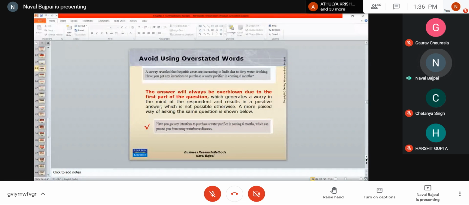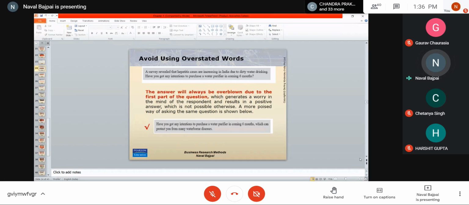Now, avoid using overstated words. Overstated words must be avoided. If you ask a question like, a survey revealed that hepatitis cases are increasing, would you be purchasing a water purifier? Obviously, when you have created fear in the minds of the respondents, their answer would always be biased.